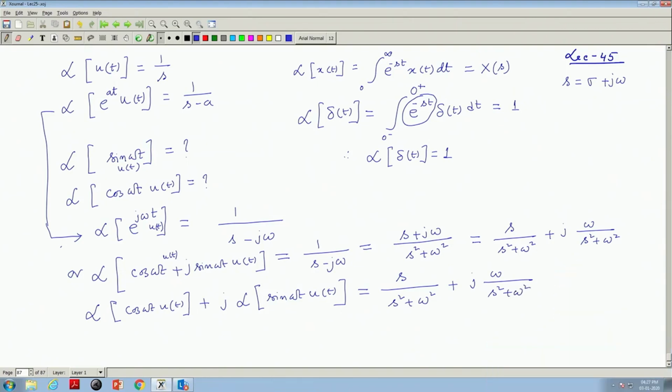Therefore, the real parts will be the same, and if you equate the imaginary parts, you will get the same results.